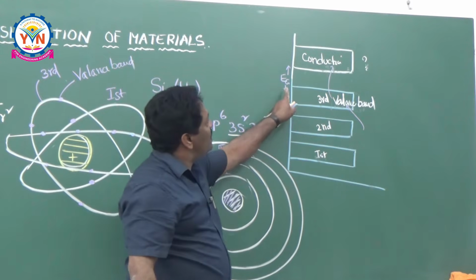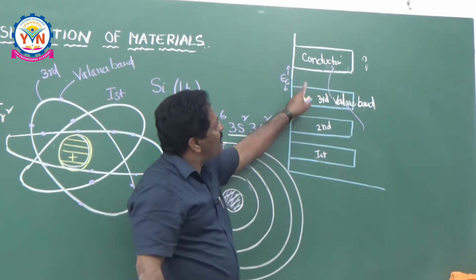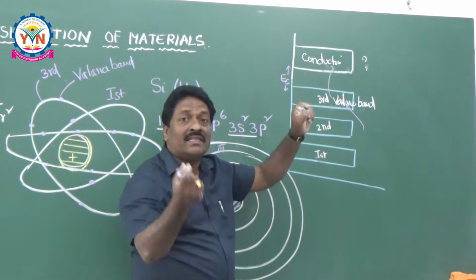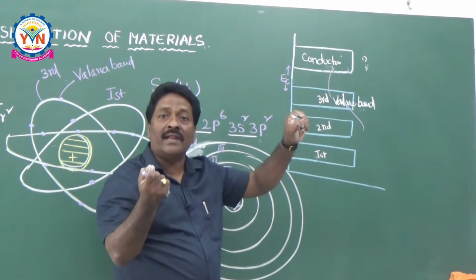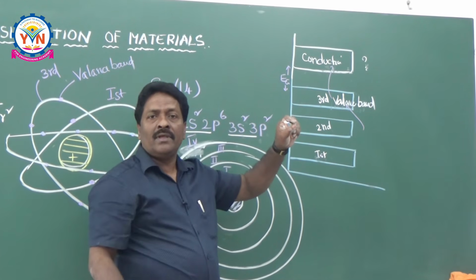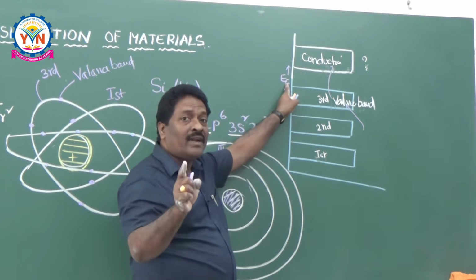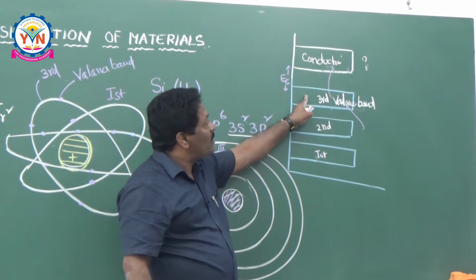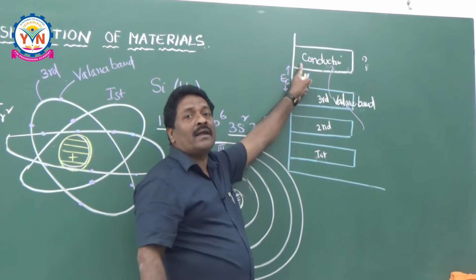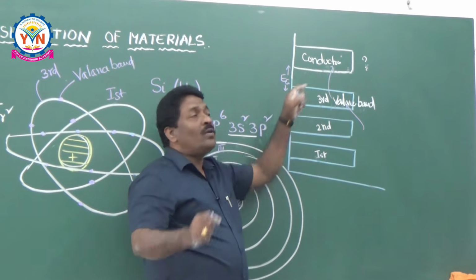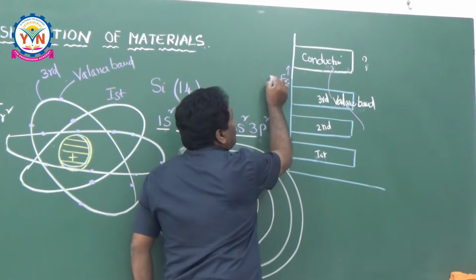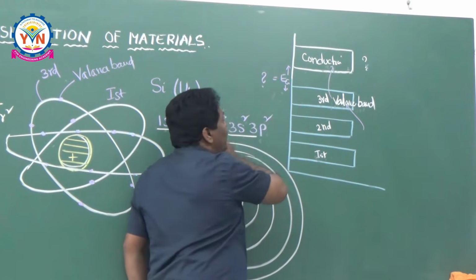So the energy that exists between this valency band and conduction band is called the energy gap. That is called forbidden energy. If you give more than this forbidden gap energy, then definitely the electrons can jump from valency band to conduction band.